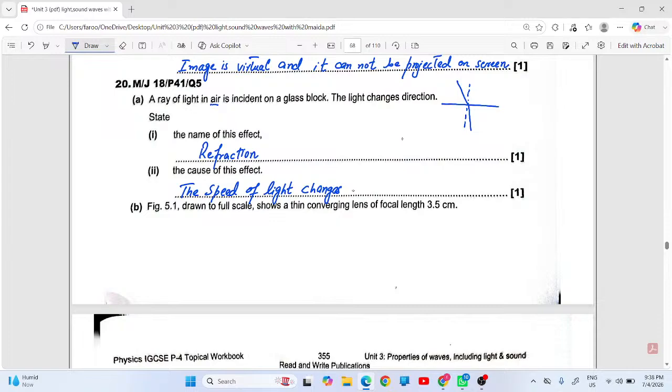And why the speed of light changes? Due to the change in the refractive index.